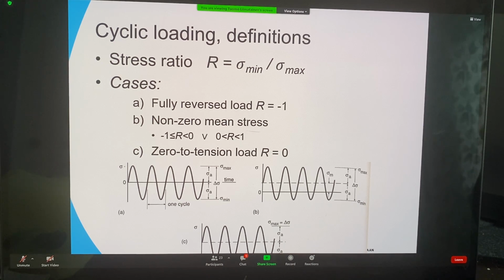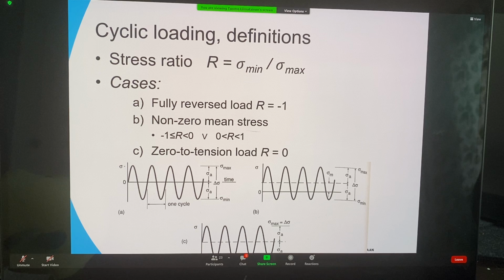If you look at scientific papers for fatigue results for certain materials, you often find that they state that R is maybe 0 or 0.1, or R is 1, R is minus 1. And that states what has been the stress ratio in the tests. Why is it important? It's important because it pretty much affects the results. Later on we can see how it affects, but it has a significant effect on the fatigue life depending on what the stress ratio is.